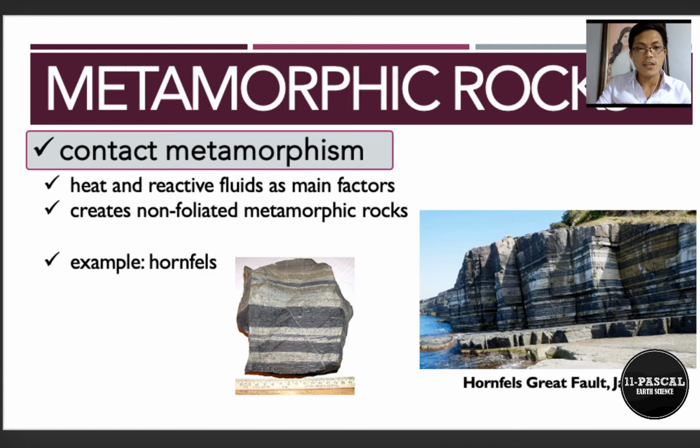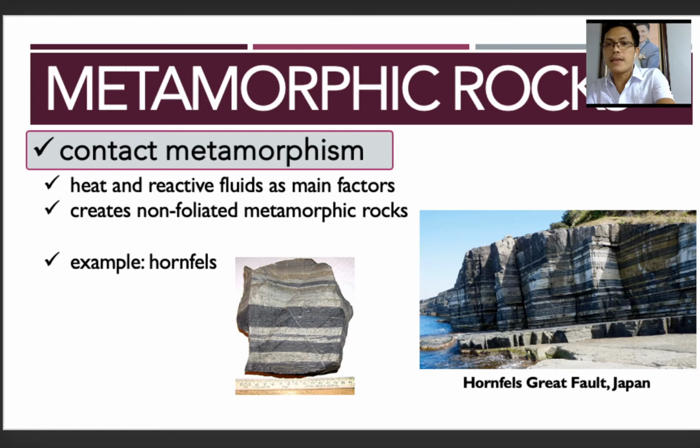You can see here an example of a metamorphic rock formation in Japan, the Hornfels Great Fault. Contact metamorphism occurs when an existing rock gets in contact with magma, which is the source of heat and magmatic fluids, where metamorphic alterations and transformations occur around the contact or metamorphic aureole.